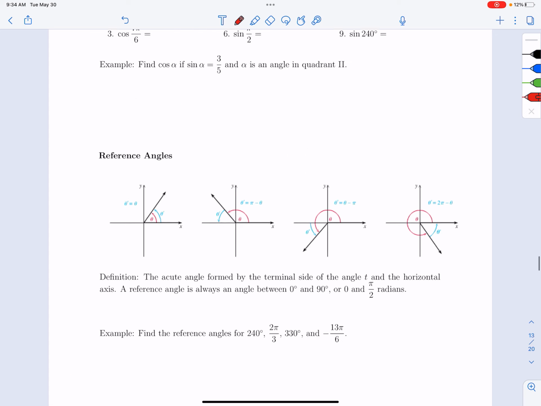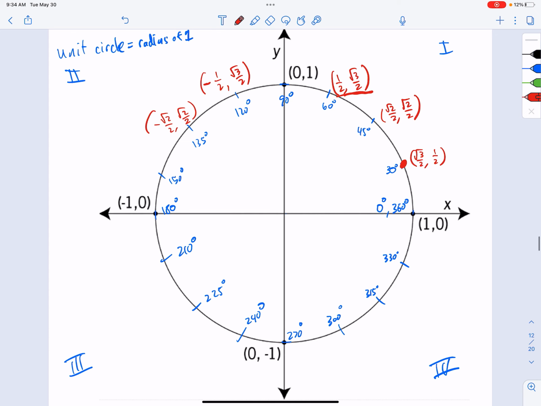And then similarly, this is negative root 3 over 2 comma 1/2. So what you hopefully start to notice is that these two correspond to each other, these two and these two. So if you can remember what's happening in the first quadrant, that's going to help you as we go around the circle.